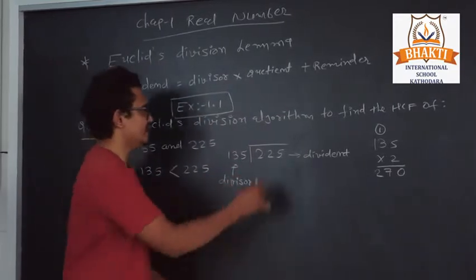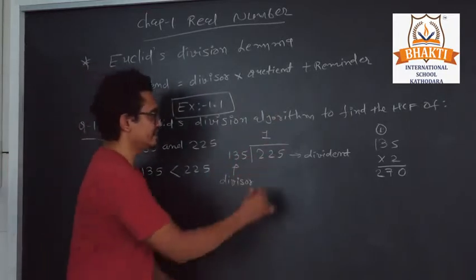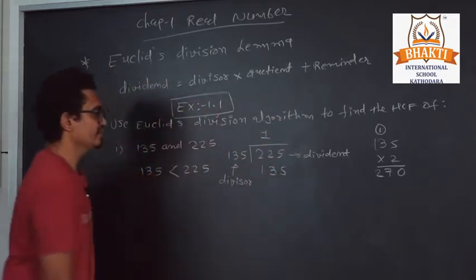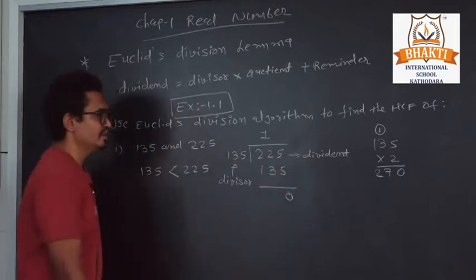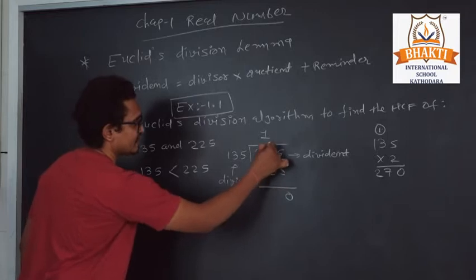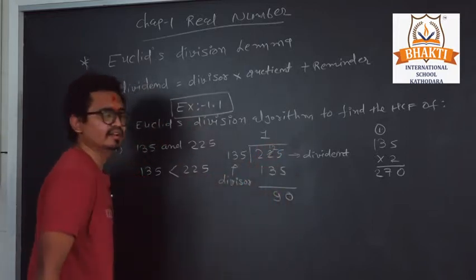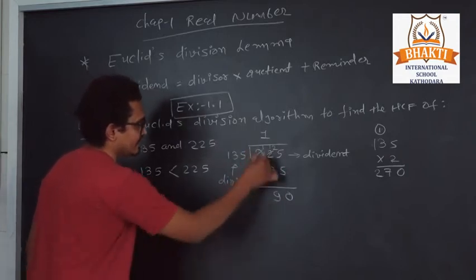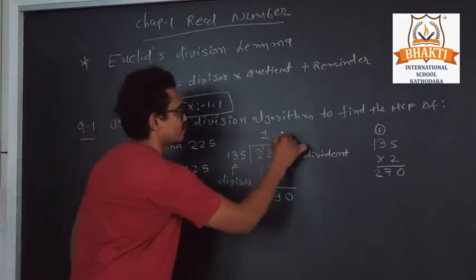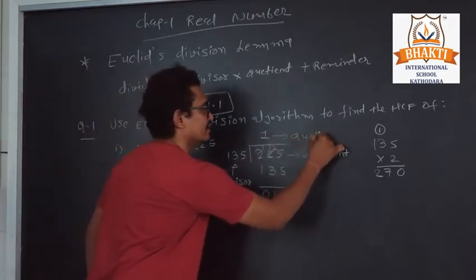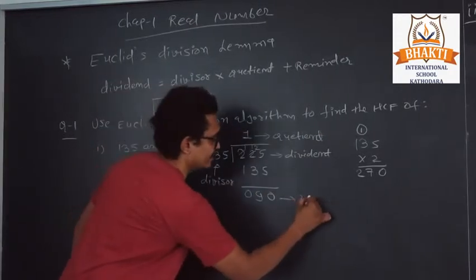So here we take 135 ones are 135. 5 minus 5 is 0. Next 2 minus 3, so here we have 12. 12 minus 3 is 9. And 1 minus 1 is 0. So it is 90. That is our remainder, and 1 is our quotient.